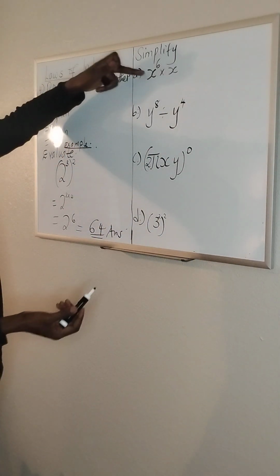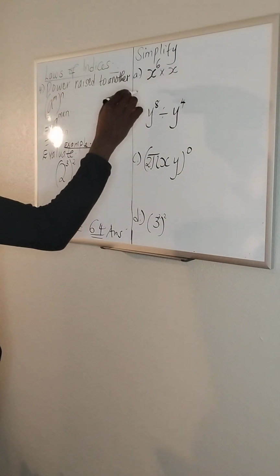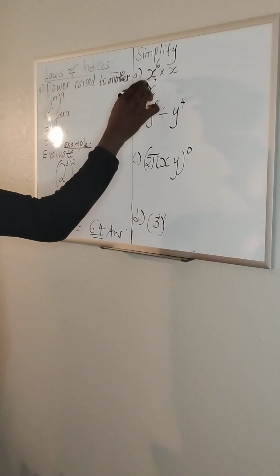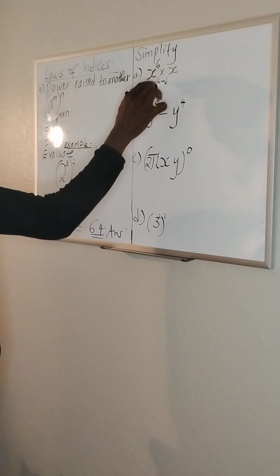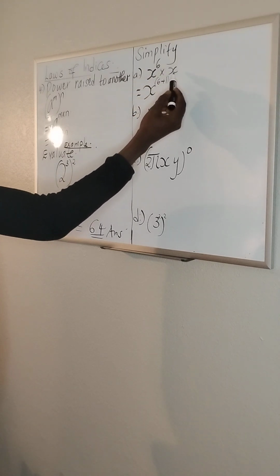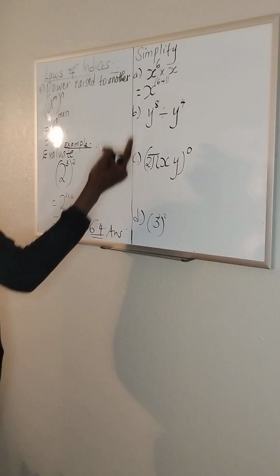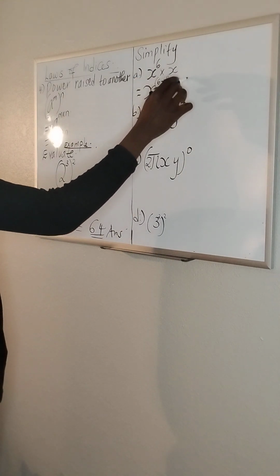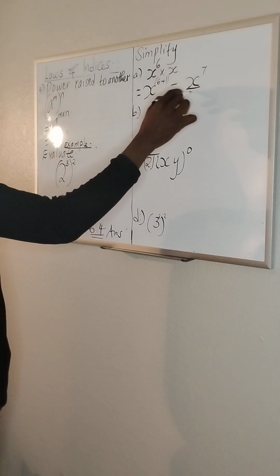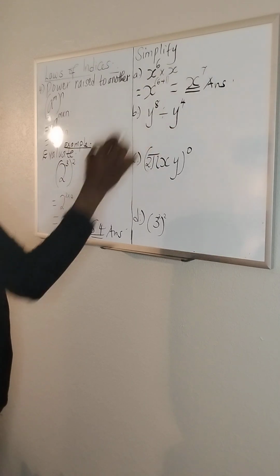So here, multiplication rule: same base, add powers. This one is equal to x raised to the power of 6 plus 1. Whether it is a variable or a coefficient or a constant number without a power, it is always raised to the power of 1. Therefore, this one is equal to x raised to the power of 7. That is the solution.